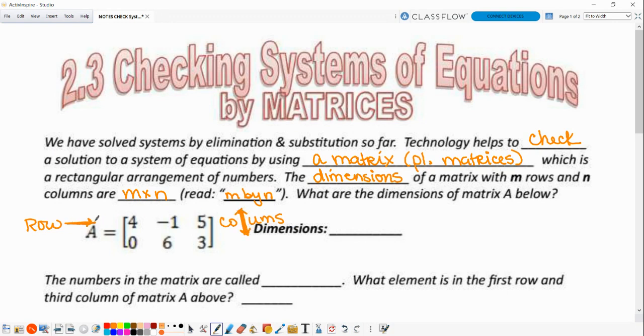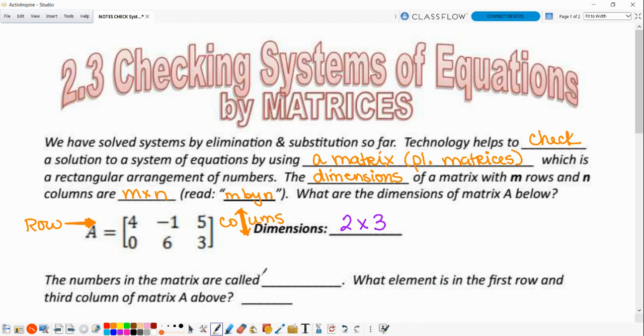Rows, when you're rowing a boat, you row sideways. So we have, in this case, 2 rows, and we always do the number of rows first, and then we have 3 columns. So our dimensions for this matrix would be 2 by 3. Okay, and that's how we say it, 2 by 3.